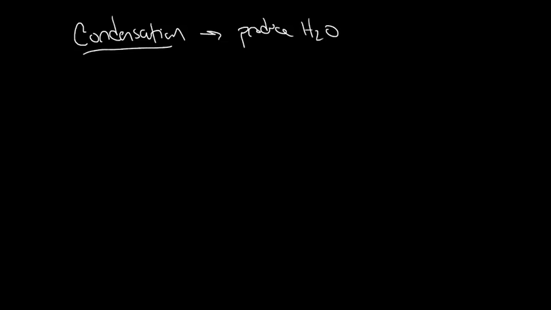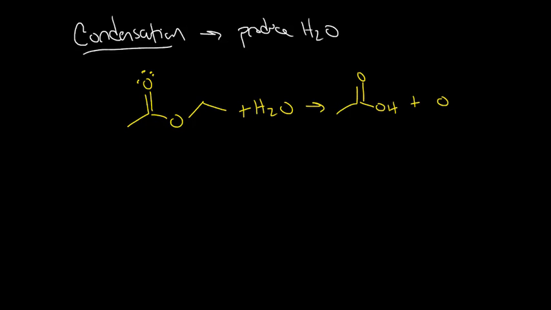Hydrolysis uses water to break a bond. Condensation reactions actually produce water when we create a bond. So just as a quick overview of hydrolysis, we talked about how when you start with either an ester or an amide, and we'll use an ester here, and you react it with water, you end up forming a carboxylic acid and an alcohol.